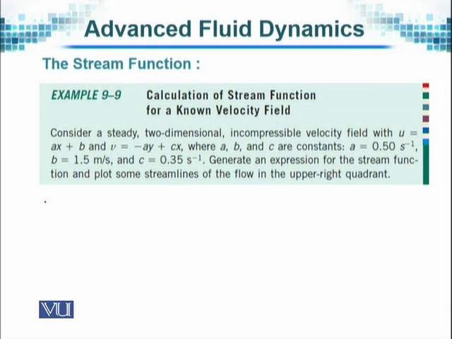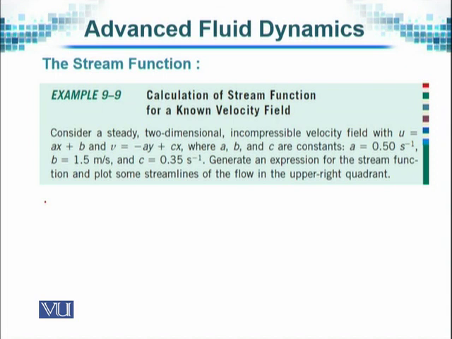And the velocity field is given such that u is equal to ax plus b and v is equal to a minus ay plus cx. So you see that u is dependent on x, while a and b are of course constants, and v is dependent on both y and x.